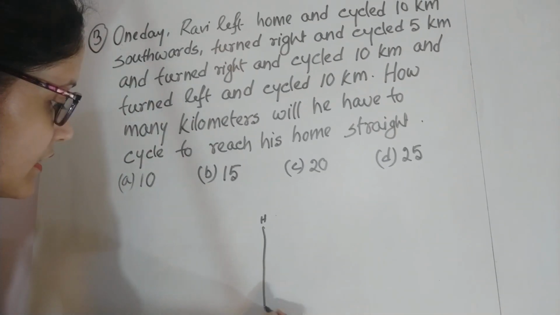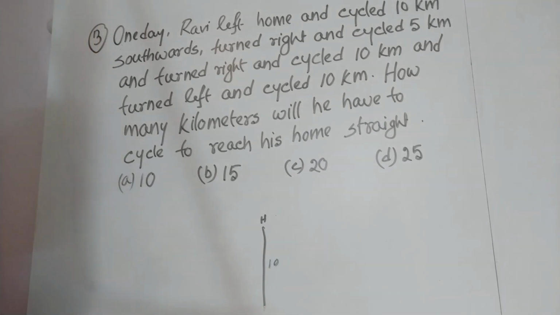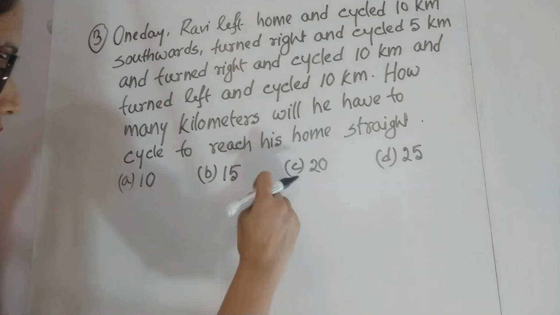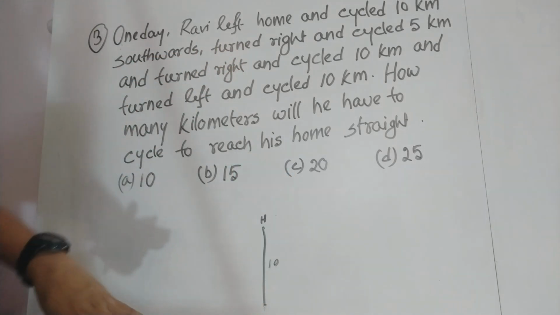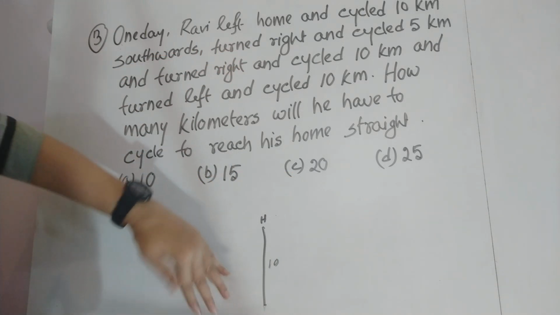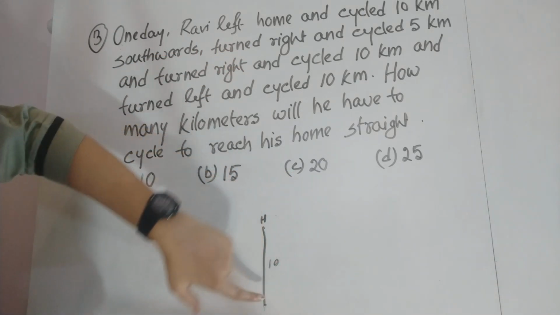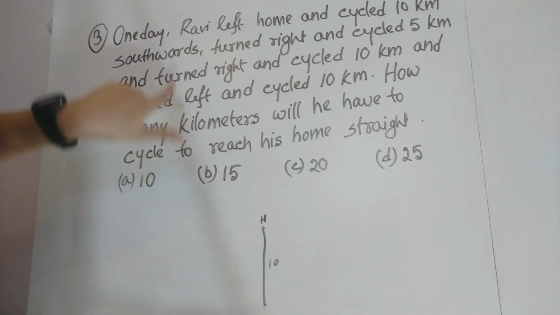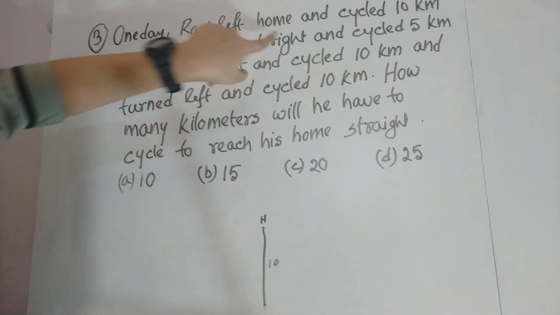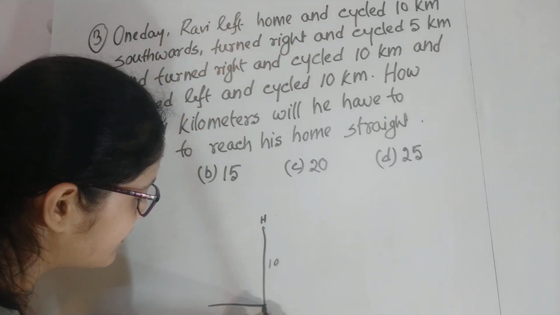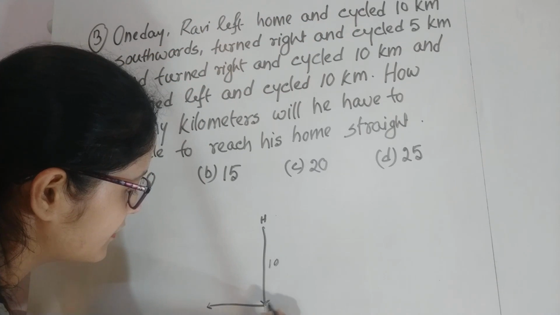Turn right. Now from here he is facing in this direction, and so this will be his right. If he faces in this direction, this will be his right direction. He turned right and cycled 5 kilometers. So from here he cycled 5 kilometers.